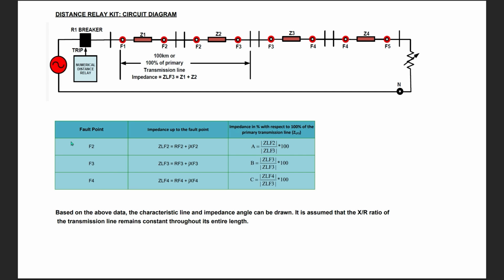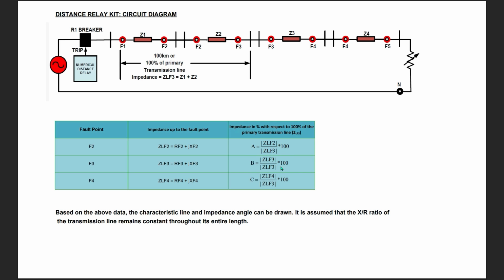So in the experiment, this is tabular column 2, in which we enter the impedance up to the fault point. That is, for a fault at F2, measure the impedance, RF2 plus jX2, and similarly for F3 and F4. After that, the impedance in percentage with respect to 100% of the primary transmission line; in all these cases the denominator is ZL F3. For F2, the percentage A is ZL F2 divided by ZL F3 into 100.